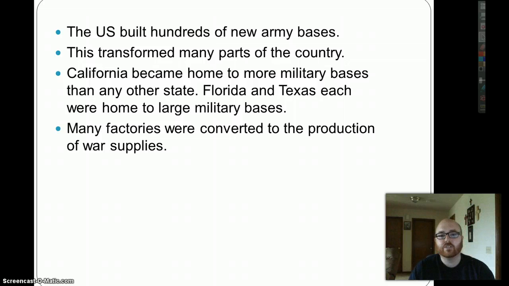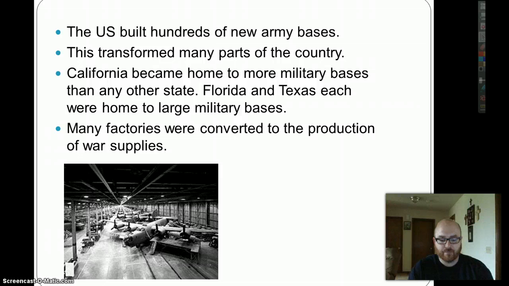Right? Many factories converted to wartime production supplies, just like in World War I. We're going all in. Okay, Ford's going to make vehicles for the war. Everything that usually produced domestic goods is now going to be used for the war. Okay, we're all in this thing. All in.